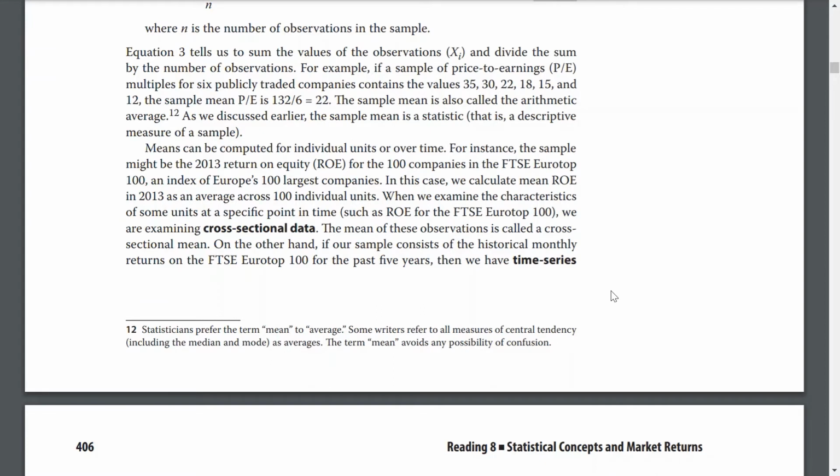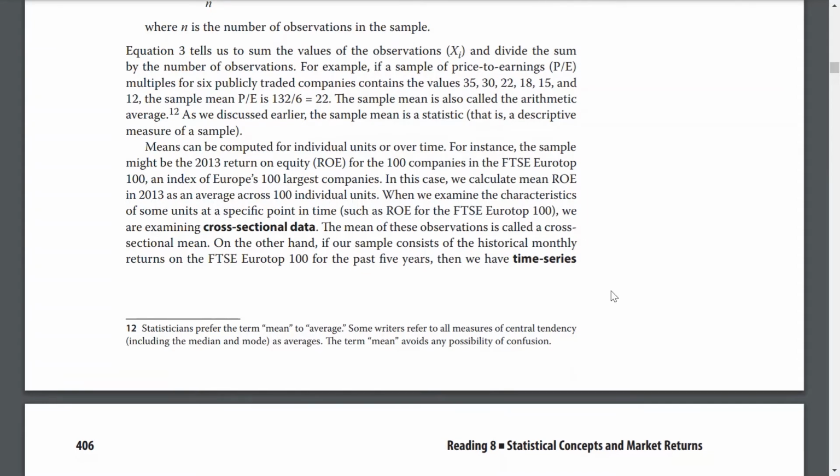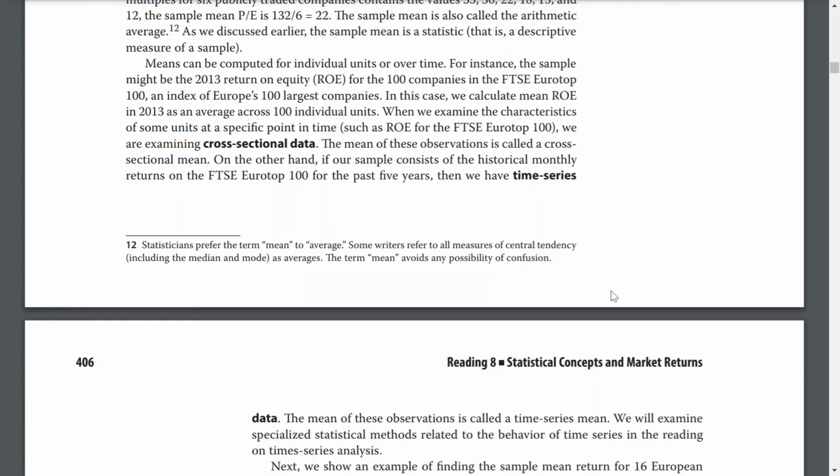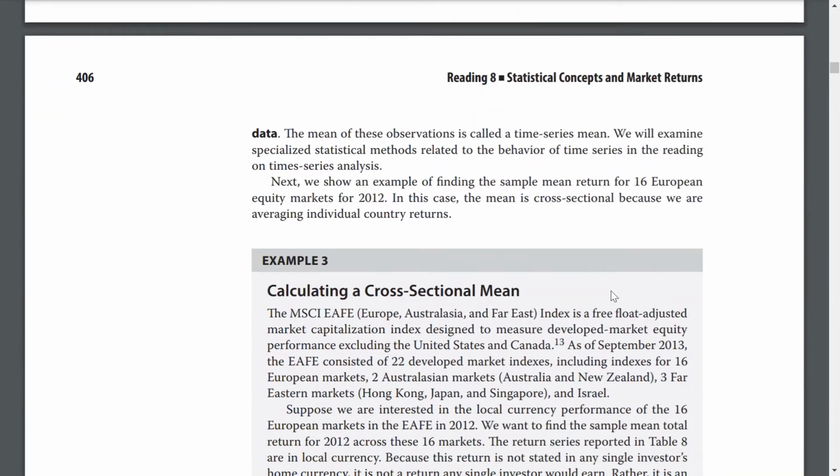On the other hand, if our sample consists of the historical monthly returns on the FTSE Euro Top 100 for the past 5 years, then we have time series data. The mean of these observations is called a time series mean. We will examine specialized statistical models related to the behavior of time series in the reading on time series analysis.